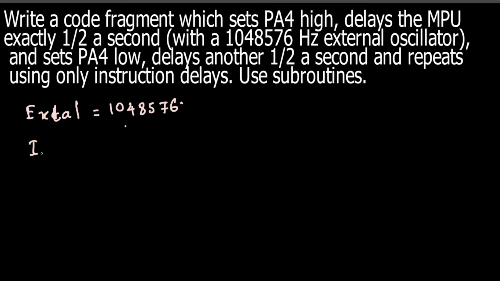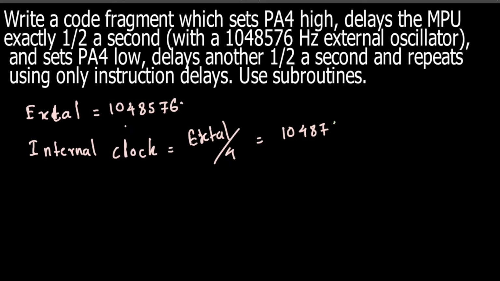So the internal clock is the external divided by 4, and that is 104.8576 Hz divided by 4, and that is 262,144.